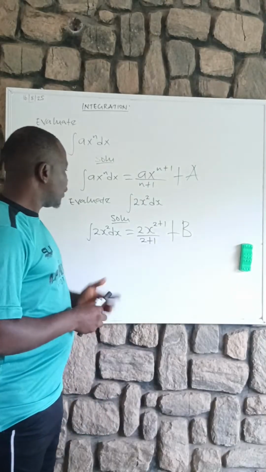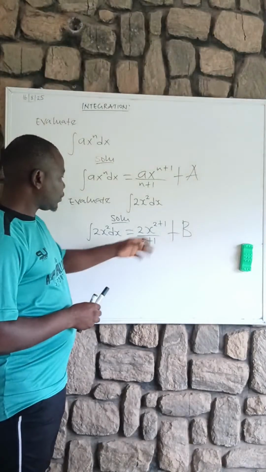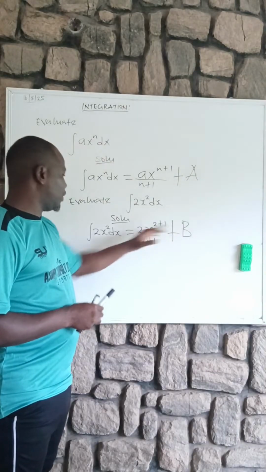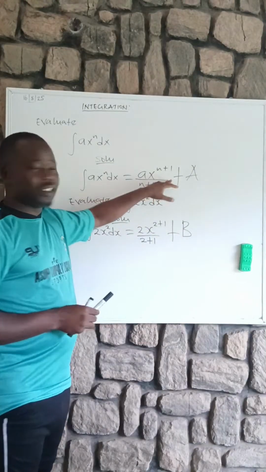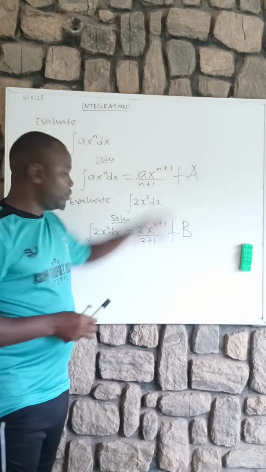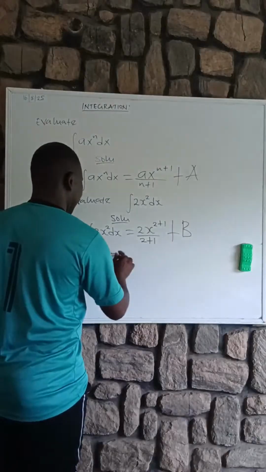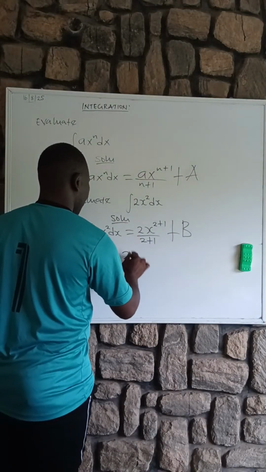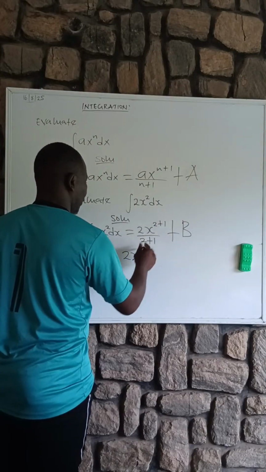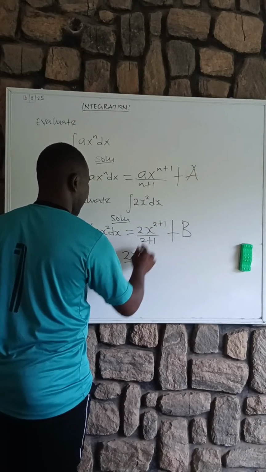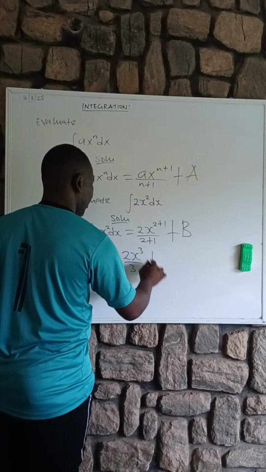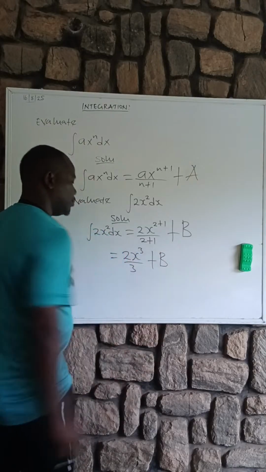Is that clear? So now, can you see we have transformed this function into this form. Do you agree with me? So it means this equals 2x raised to 2 plus 1, 3, all over 3 plus b.